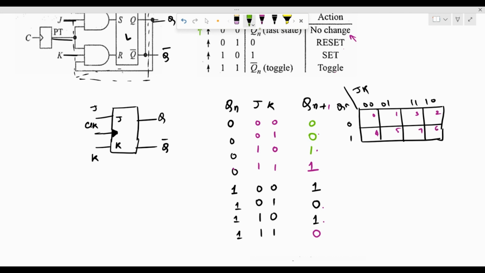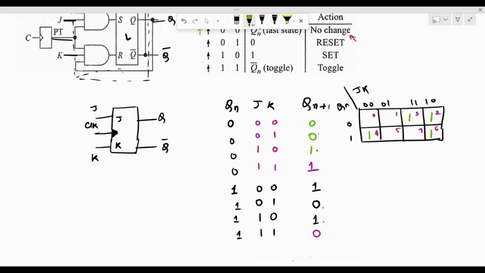Now where do we place the ones? At 2, 3, 4 and 6. So this is where we get our minterms.